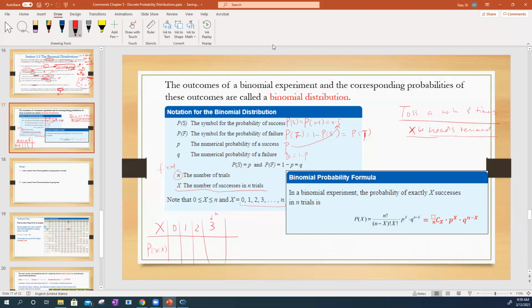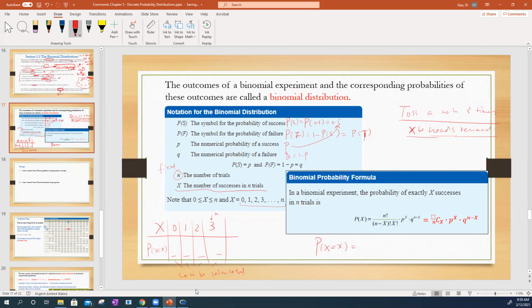But this is a binomial experiment, right? The probability, we don't have to use a tree diagram. We have a formula for that probability. So the probability of X equals x can be calculated.